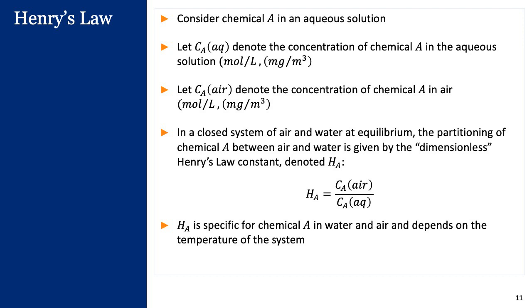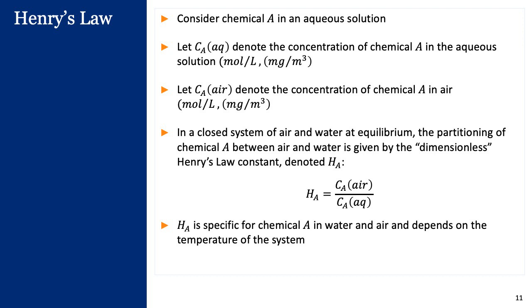In a closed system of air and water at equilibrium, the partitioning of the chemical A between air and water is given by the dimensionless Henry's law constant, the ratio of the concentration of substance A in air to the concentration of the same substance A in the aqueous solution.